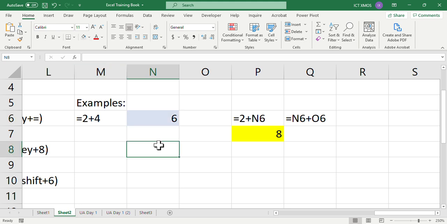So 2 plus N6 will give you this. That is what this formula is all about.